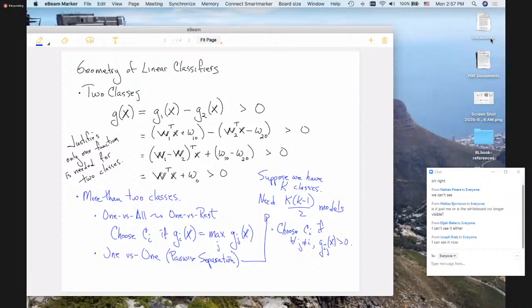In other words, we will pick the class Ci if its pairwise models always win. But that's really strict. And in fact, in general, it simply doesn't hold.